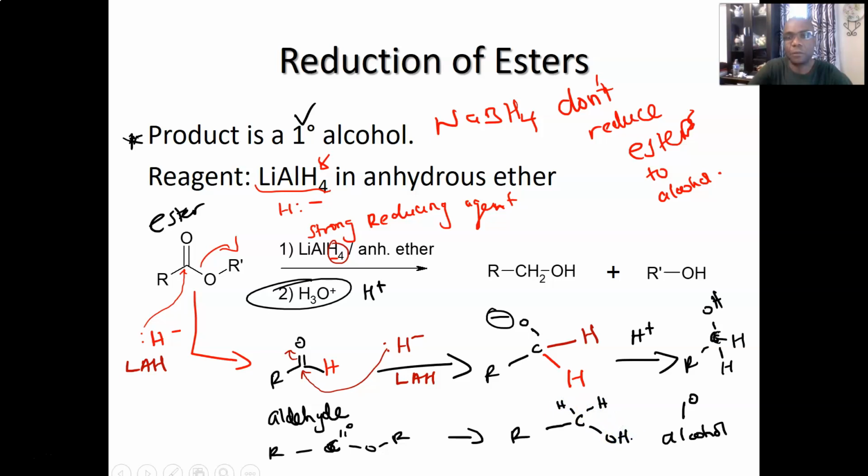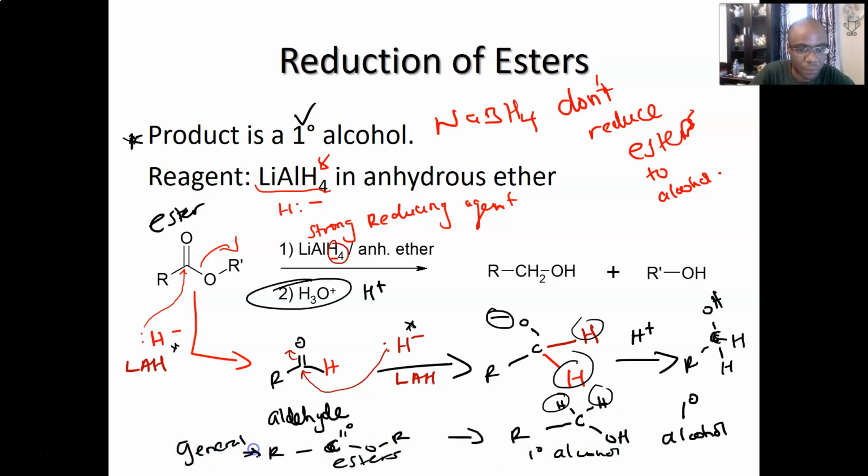Reduction is addition of hydrogens or removal of oxygen. So here we are adding hydrogens. These 2 hydrogens were added in form of hydrides. Okay, so it's reduction. You get alcohol, and it's a primary alcohol made from the esters. So that was just the general summary of what happened here.